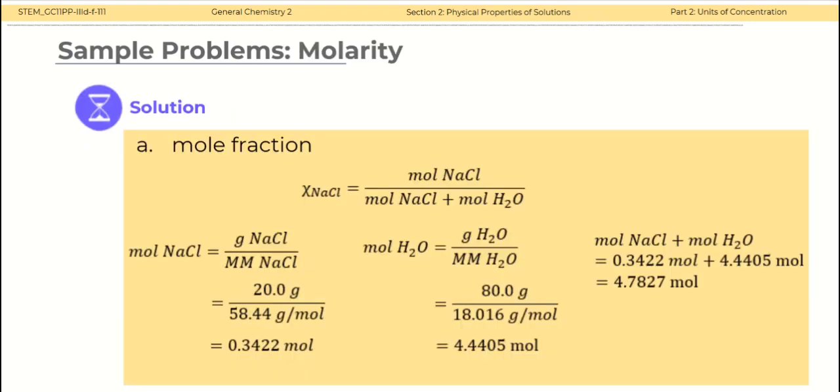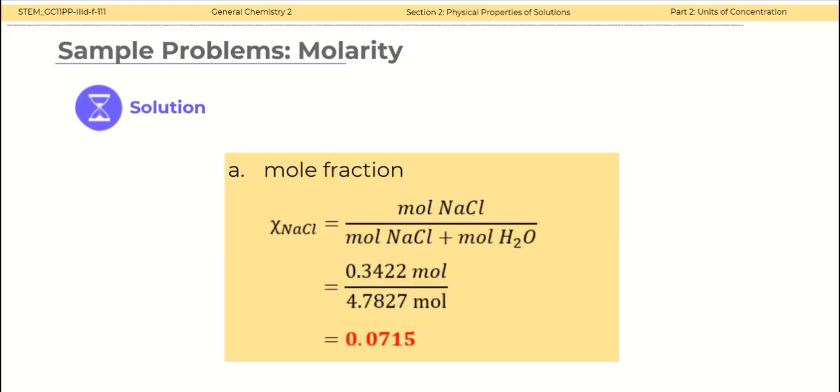To get the mole fraction, we need to get the number of moles of sodium chloride and water. To do this, we need to convert each given mass to the number of moles using the corresponding molar mass. Then, we get the sum of the number of moles of sodium chloride and water to get the total moles of this solution.